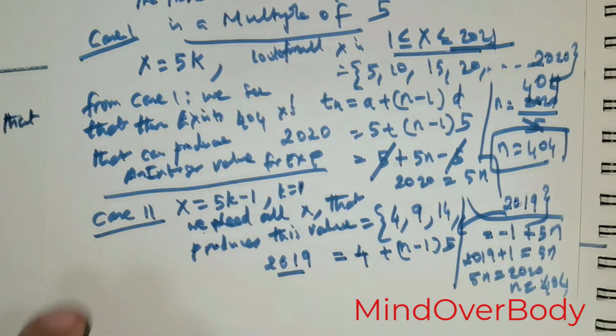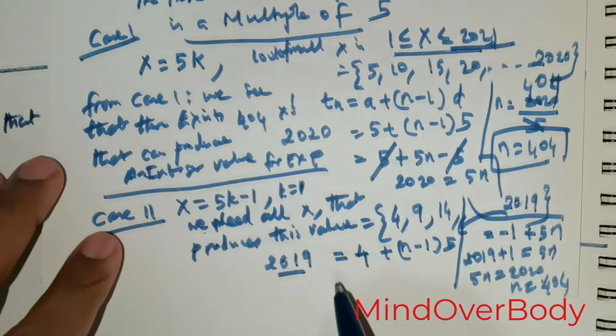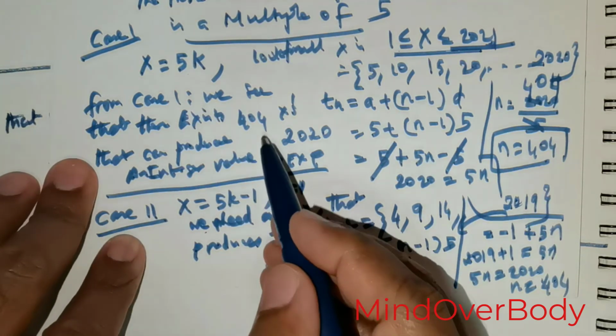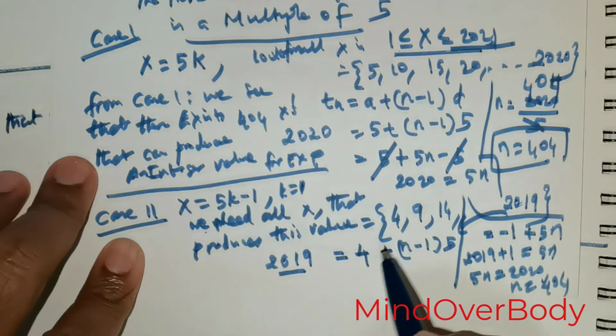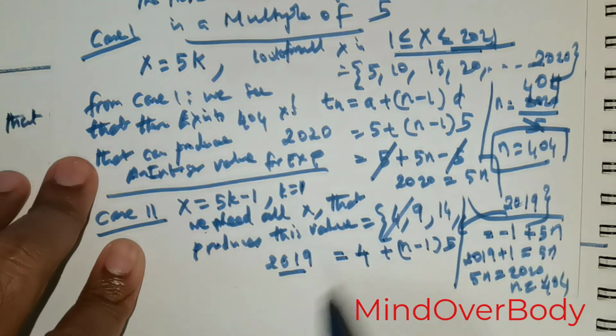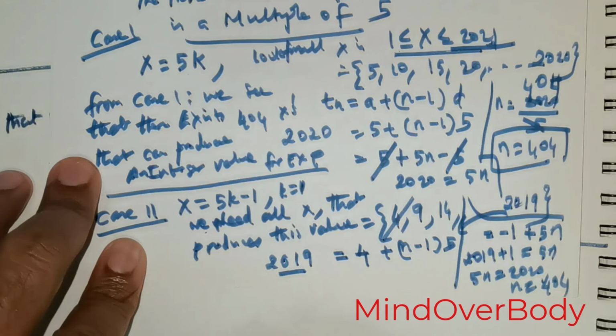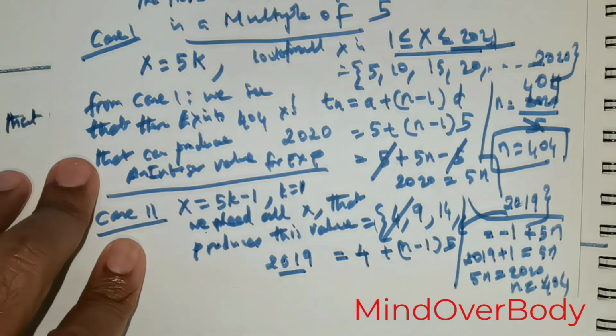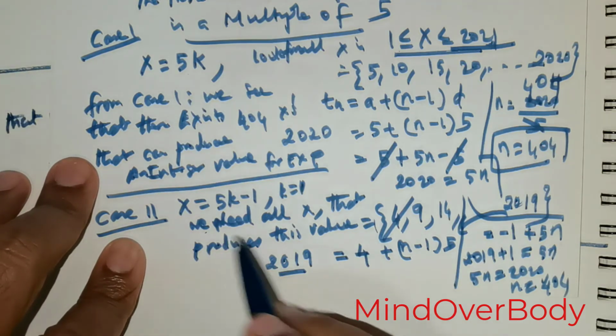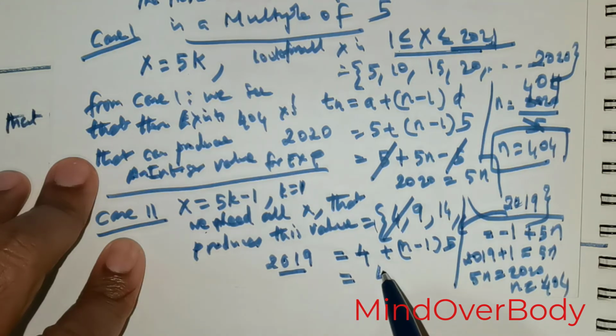But we cannot put 404 here. We cannot put 404 over here and add these two things together. You know why? We should take away 4 at any cost, because when the value of 4 occurs, the expression is undefined, so we don't want that to take place. So the number of x that are present here is actually 403.